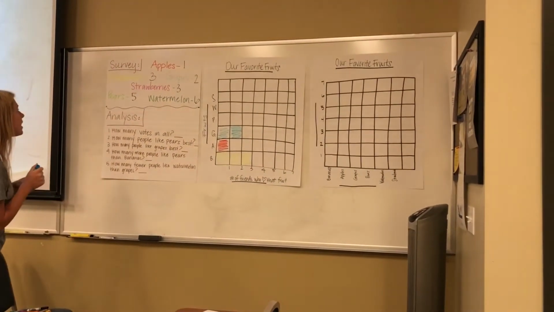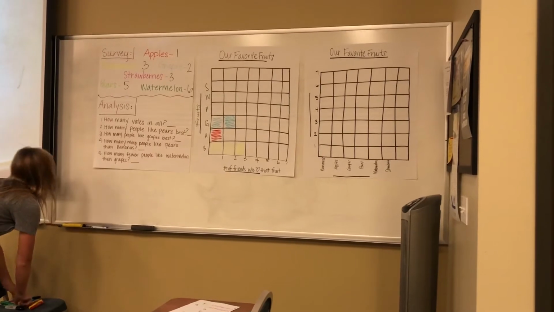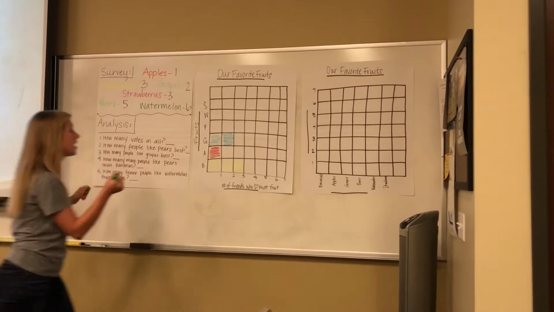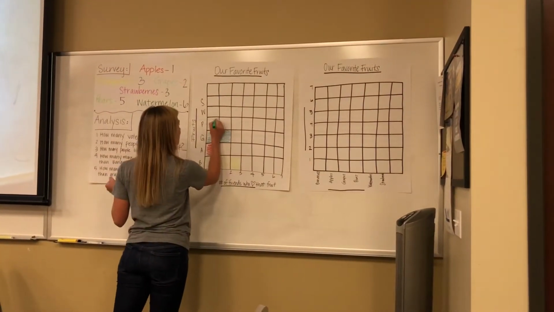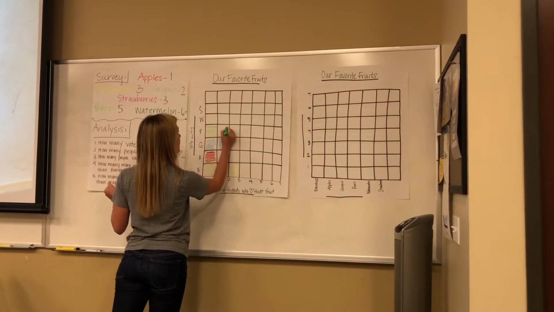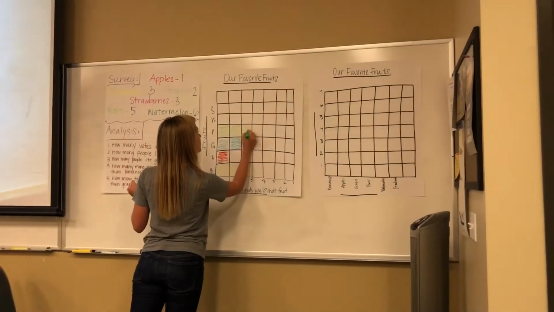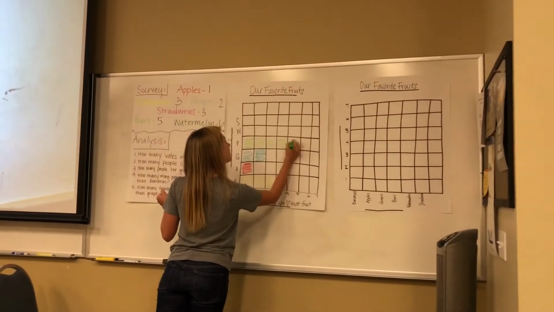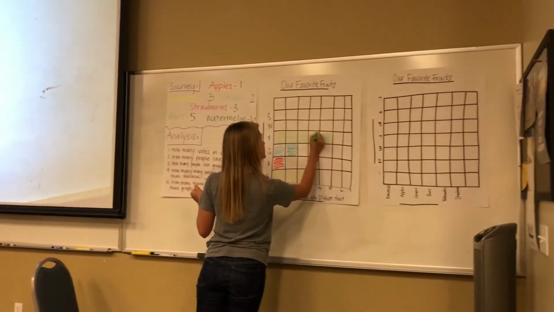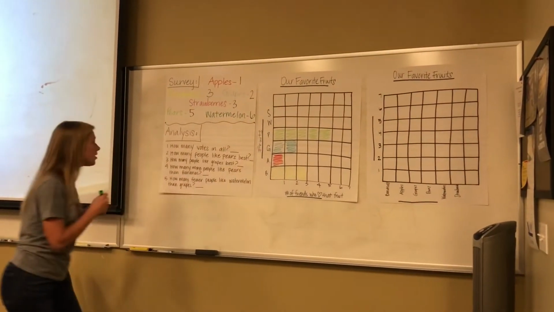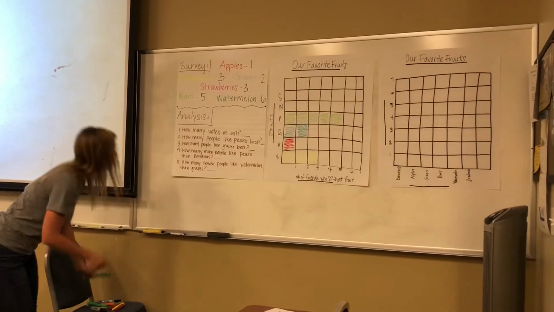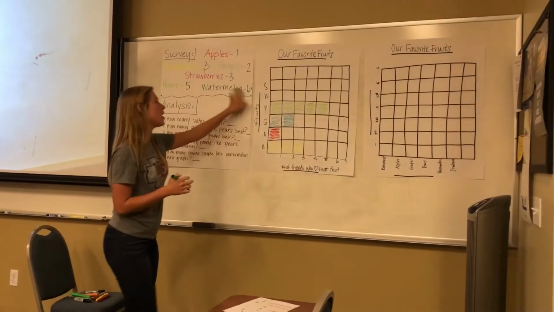Okay, and then we have pears. Oh my goodness. We have so many friends that just love their pears. So we have 5 friends, so we're going to color in 5. Let's count. 1, 2, 3, 4, 5. Wow, that is so good. Very good, friends. Okay, and then we have watermelon. How many friends love watermelon? Ready?